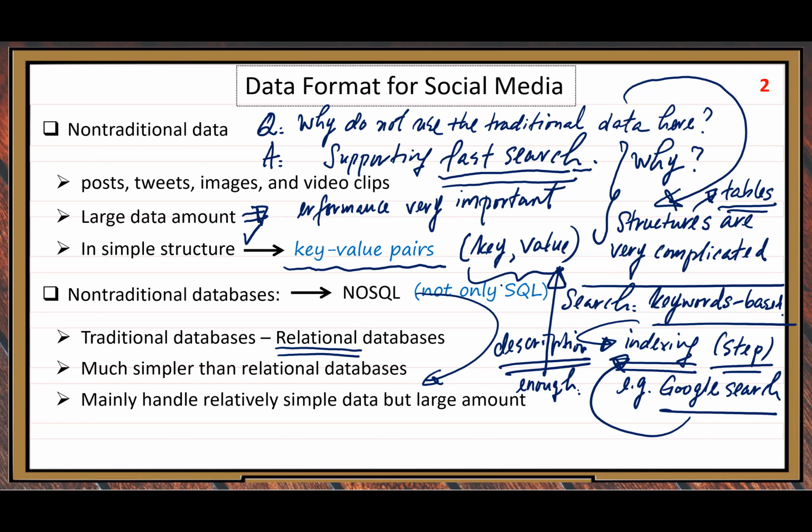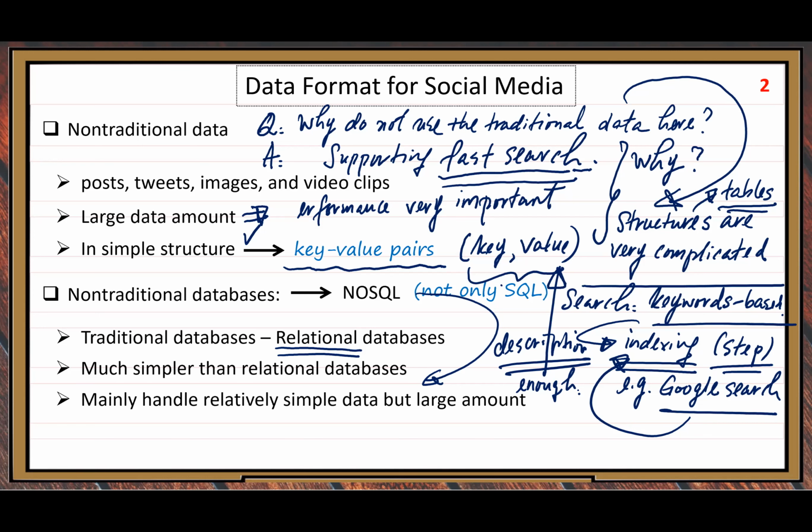Very powerful, but very complicated. But it can do all kinds of businesses. Non-traditional, you can only do social networking, key value pair type of data. Other than that, you cannot do it well.